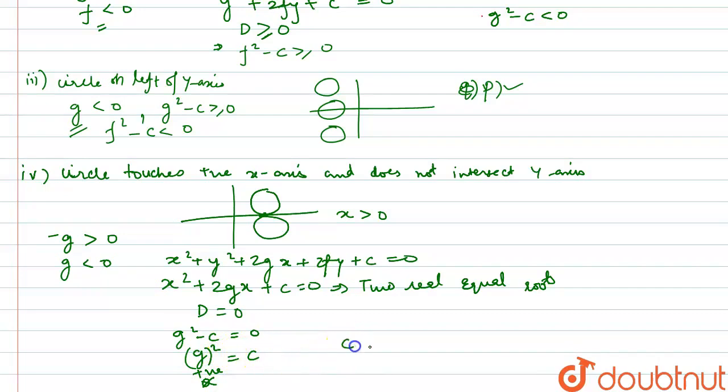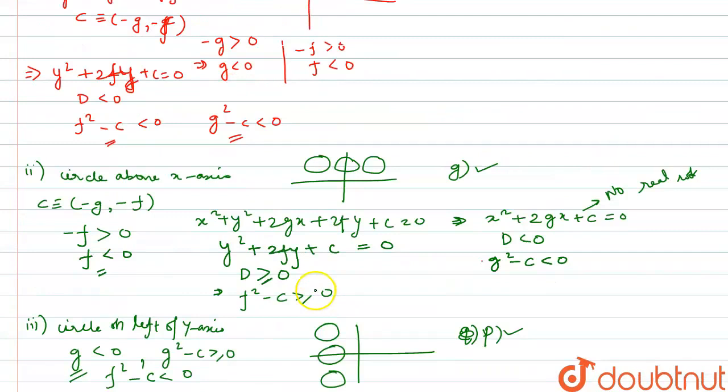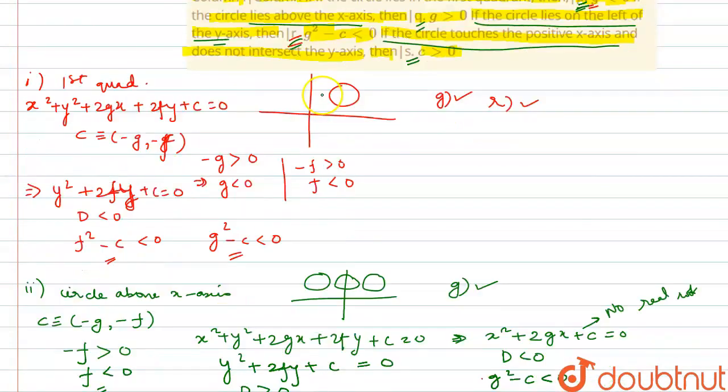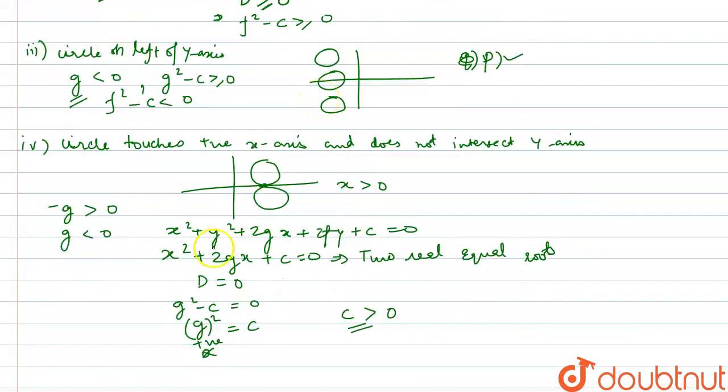Therefore, we can say c is greater than 0. It will always be positive in this statement. So if we check the options, we get option S as correct. Also option P as correct because g is also less than 0. So the correct options for statement 4 will be P and S, both will be correct.